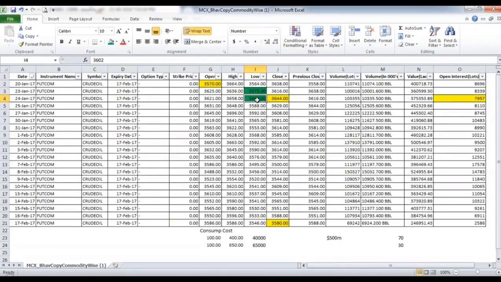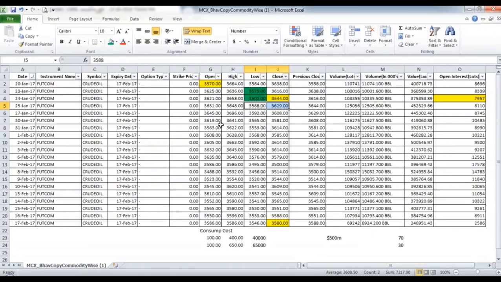Was this not a support yesterday? This 3602, was that not a support yesterday? Because it went below this 3602 and it closed above 3602. So this seems to be a support, right?